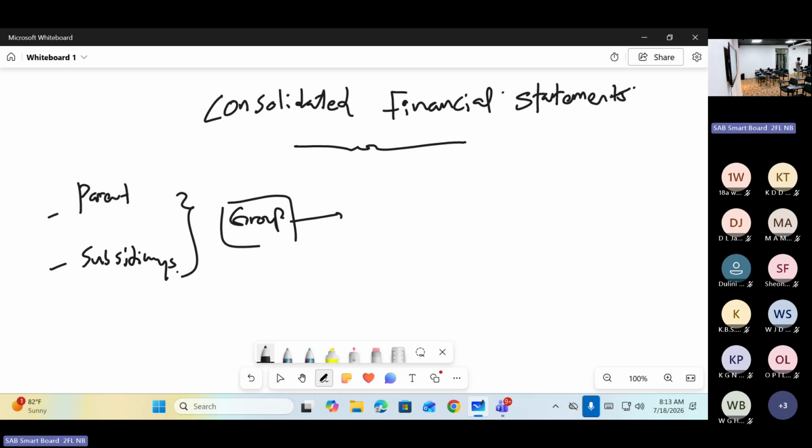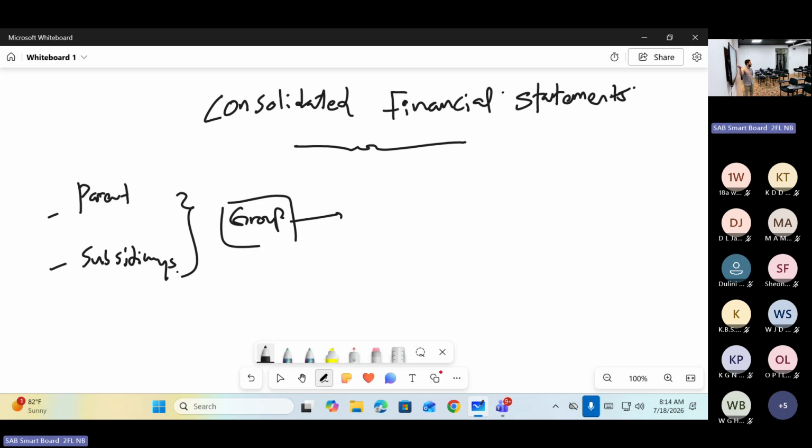Consolidated financial statements means we record all the income, expenses, and cash flows as one single economic entity for the parent and subsidiary combination.